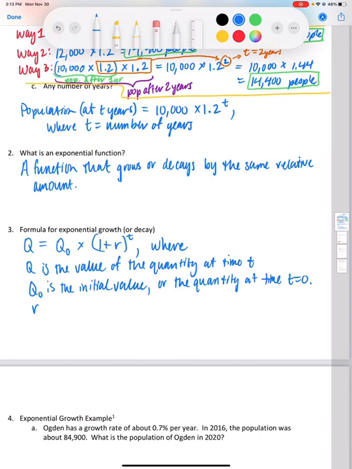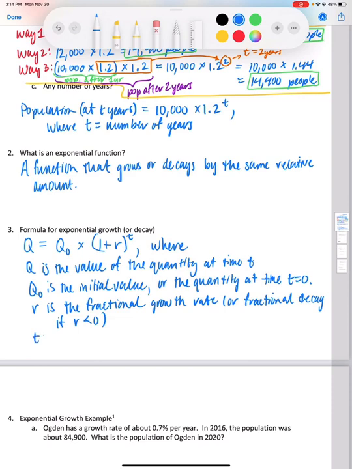Then we have R. R is the fractional growth rate, or it's the fractional decay if R is less than 0. And t, of course, is time.